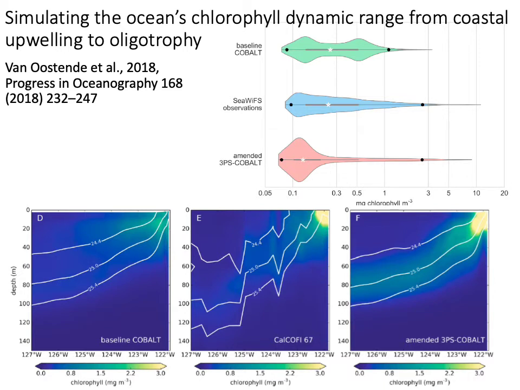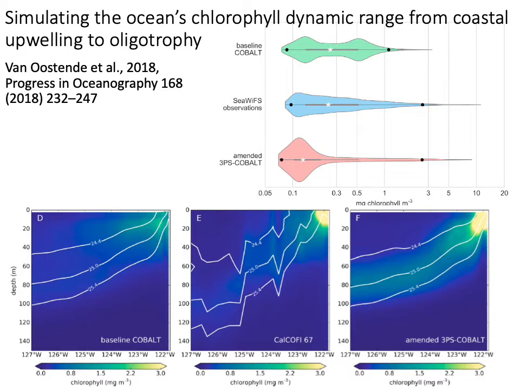These are violin diagrams, which are histograms that are mirrored on top and bottom. So you can see the distribution of chlorophyll and the fact that the baseline simulation did not represent chlorophyll values above about 3 micrograms per liter.